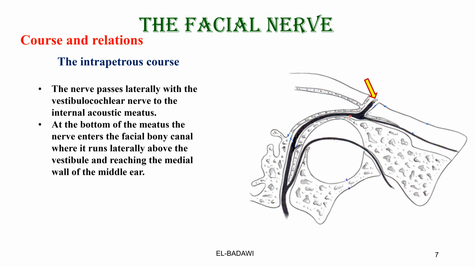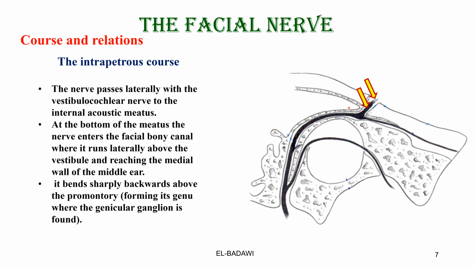Now it passes above the medial wall of the middle ear, that is the part above the inner ear, and then it bends sharply backwards, forming the geniculate ganglion.